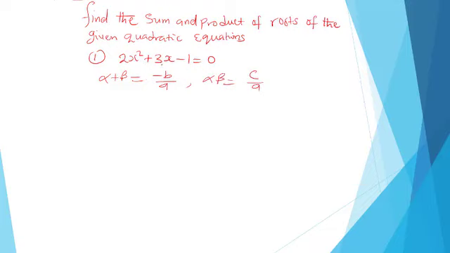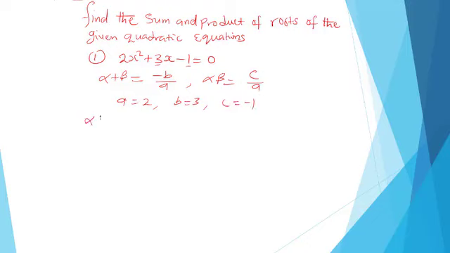Now from this, let's pick out our terms. From this equation, you know that our first term here is a, this is b, and this is c. So our a here is 2, our b is 3, and our c is minus 1. Now let's substitute.